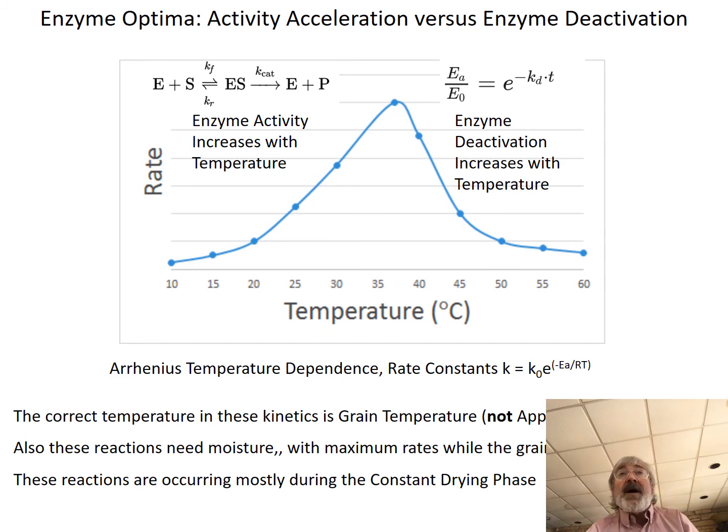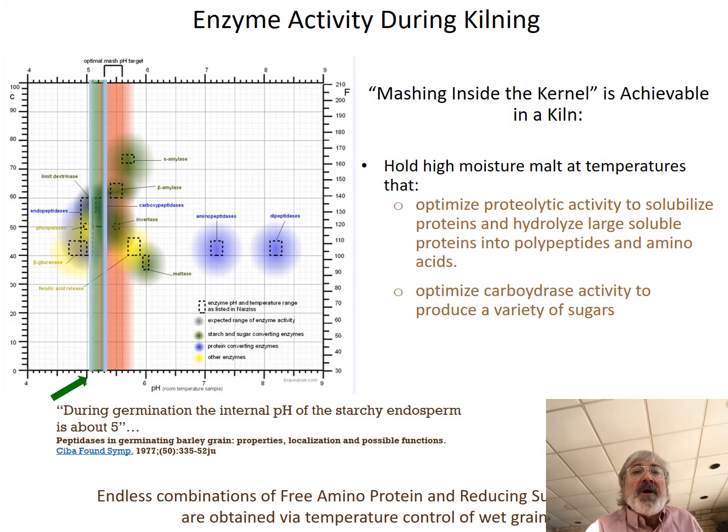There's also the fact that these enzymes are kind of locked in a matrix inside the barley, and that helps stabilize them. So you're not going to see the same exact stability as you would see in glass, in the test tube. So anyway, I just wanted to explain that one.